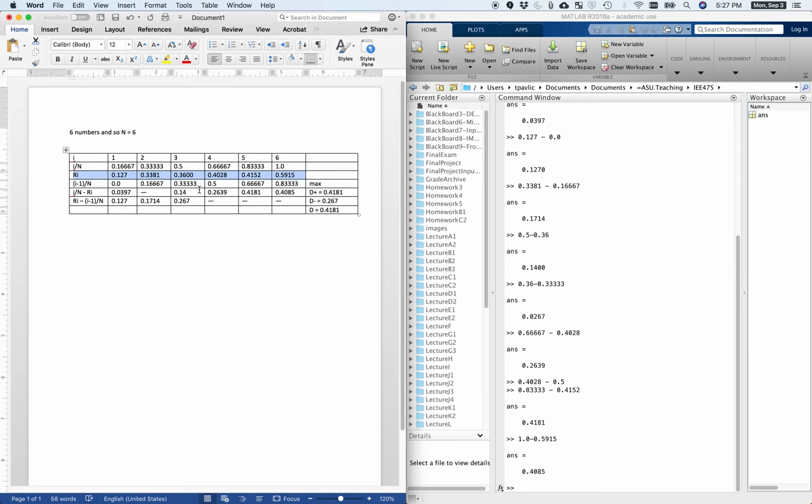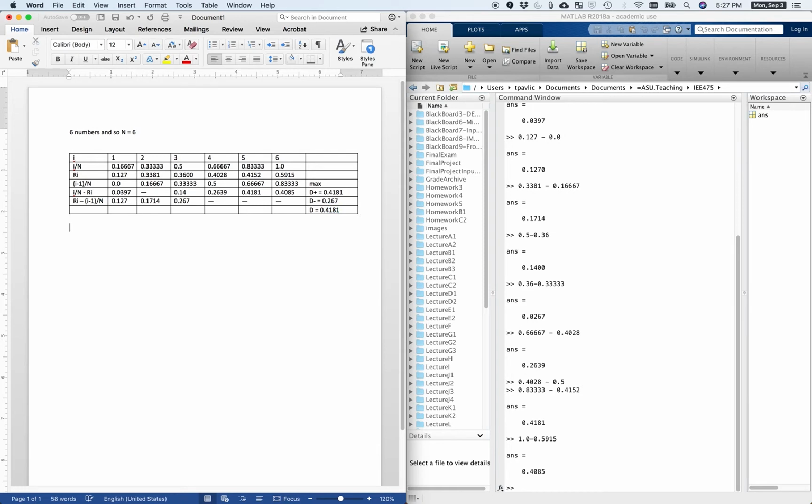So when you sort them, they all should be close to this bin that has a width of 1 over n, where n is the number of numbers. And so I calculated their maximum distance from their position to the edge of their assigned bin. And then I took the maximum of all those distances, and I found the maximum distance is 0.4181. That is my test statistic for the KS test.